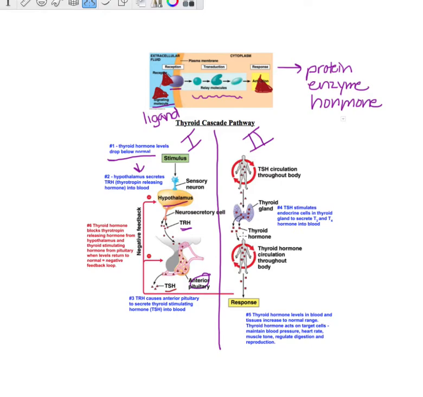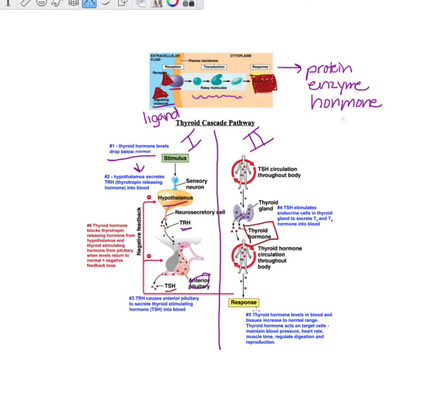It's little red squares, or thyroid hormone. So the response is from triangle to red squares. The thyroid hormone is then going to circulate through the body. That's the response.